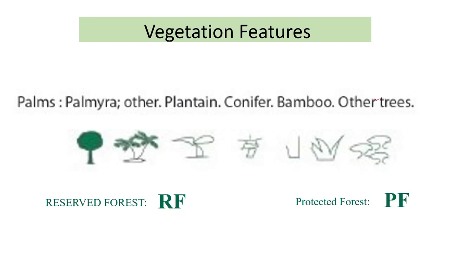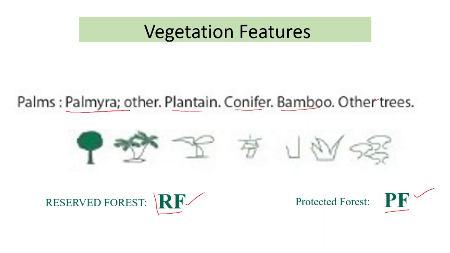Next, about vegetation, right. If it is a reserved forest, it will be mentioned as RF. If it is a protected forest, it will be named as PF. Palms, some types of forest like palmyra, plantain, coniferous forest, bamboo trees, other types of trees, these are all plantation.